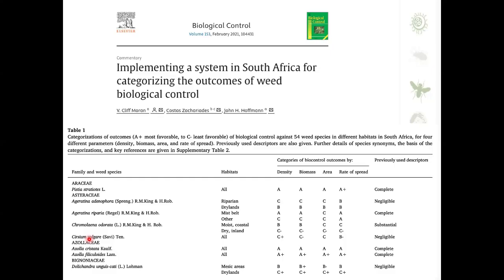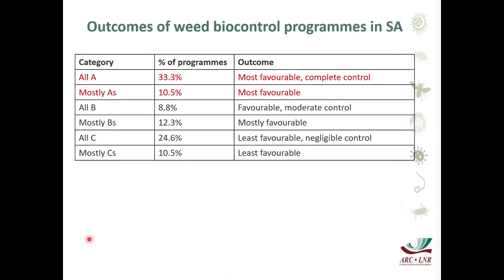So in more recent years, a system has been developed to categorize them based on density and biomass and area and the rate of spread. And so they're given A's or B's or B pluses or C minuses, and the combination of those allow us to have a more nuanced evaluation of these biocontrol programs.